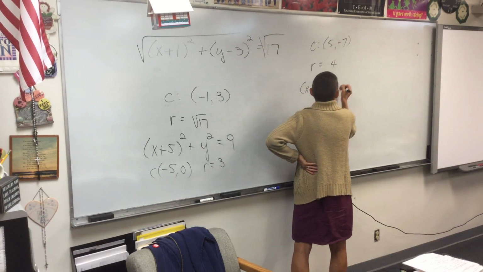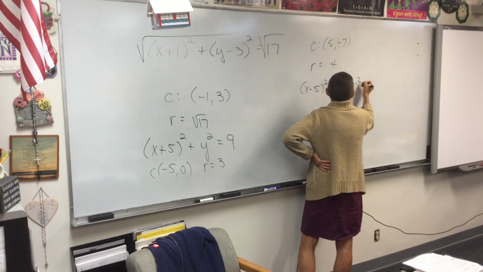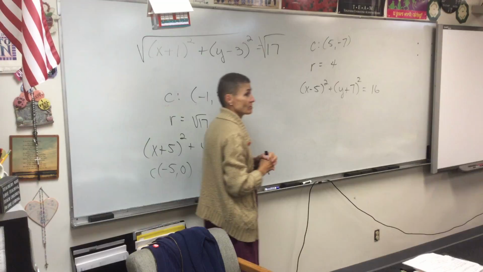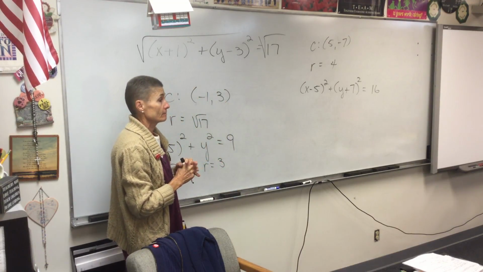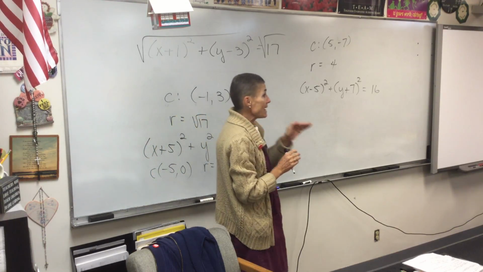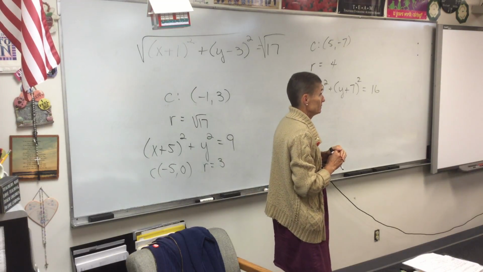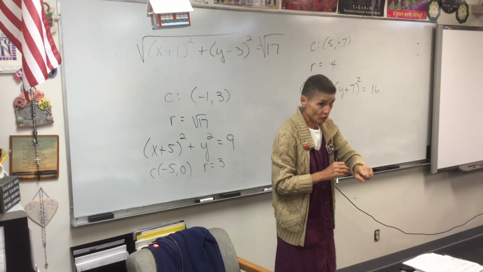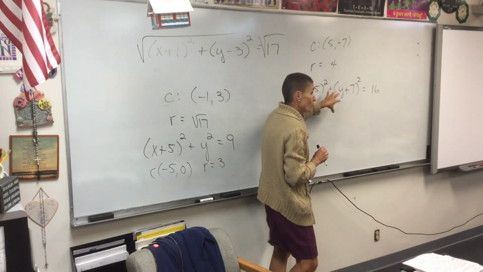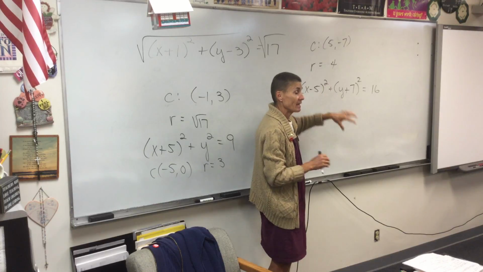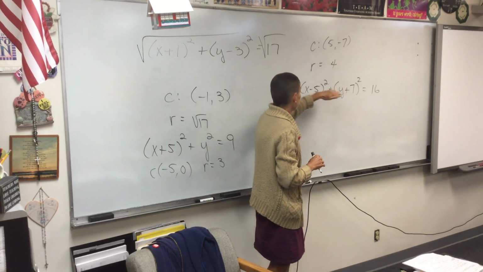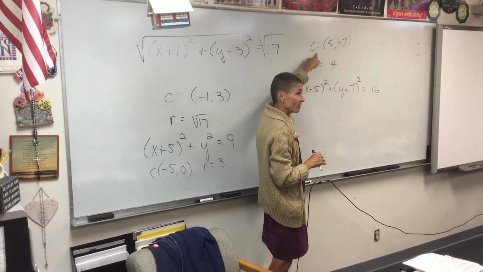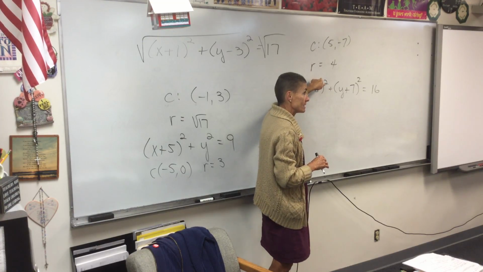X minus 5 squared, y plus 7 squared. Good. That's it. That's the equation of the circle. Now, anytime I say to you, write the equation of the circle, what information do you have to have? You needed to know the center and you needed to know the radius.